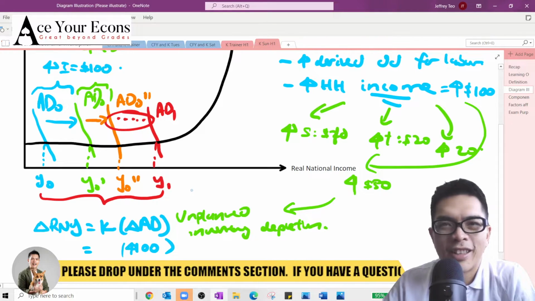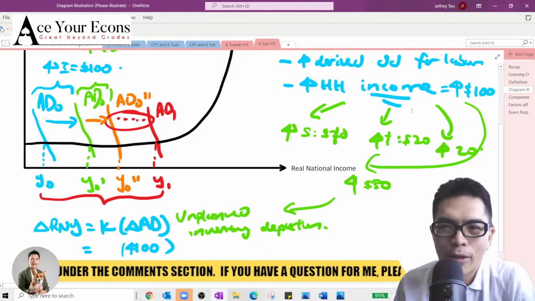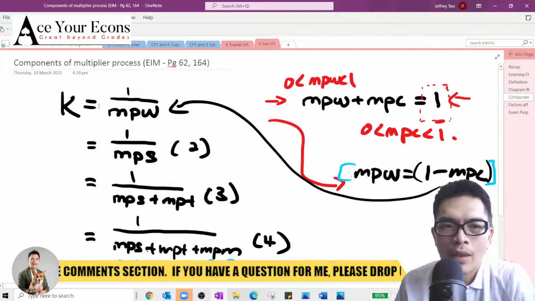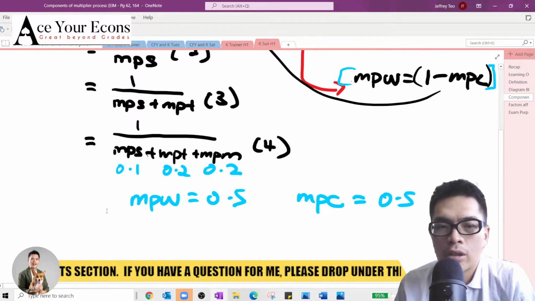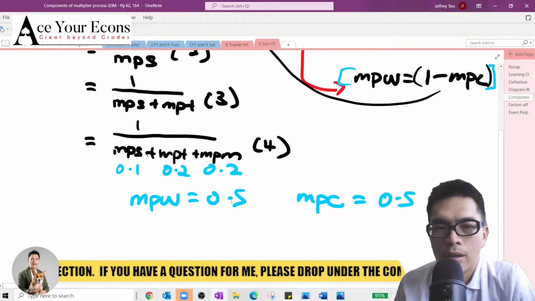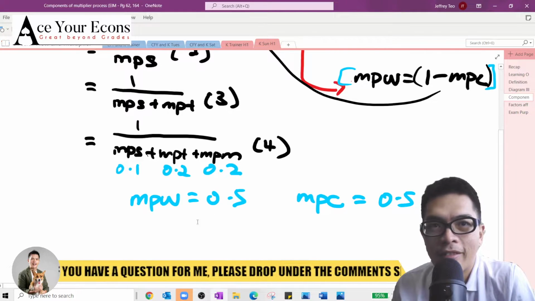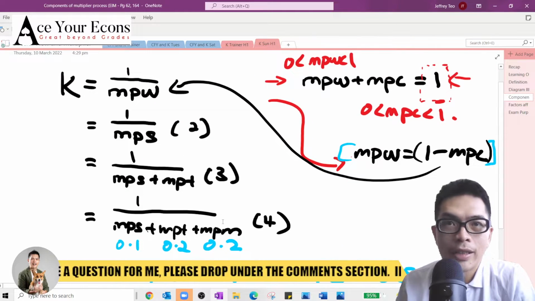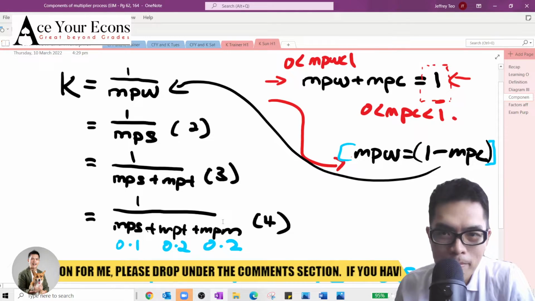Not 100K. Remember just now I already told you all how to calculate the size of a multiplier. The size of a multiplier is 1 over your marginal propensity to withdraw. So your marginal propensity to withdraw is 0.5, decimal. Remember, the size of your multiplier cannot be lesser than 1. Minimum must be 1.